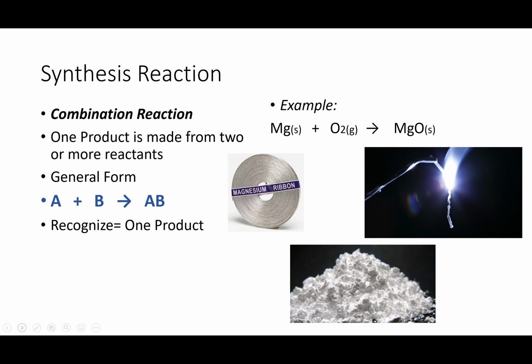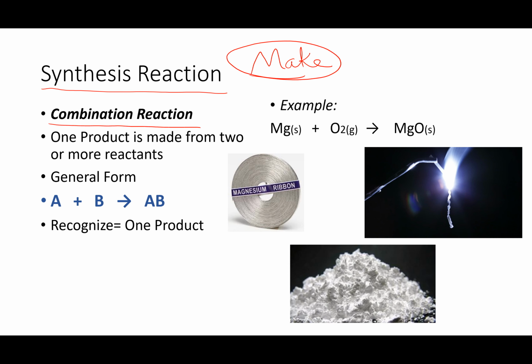First kind of reaction we're going to talk about is one called synthesis. When you synthesize something, you make something. And a synthesis reaction is also called a combination reaction. This is where you make one product from 2 or more reactants. Every reaction I give you, I'm going to give you the generic form of that reaction.